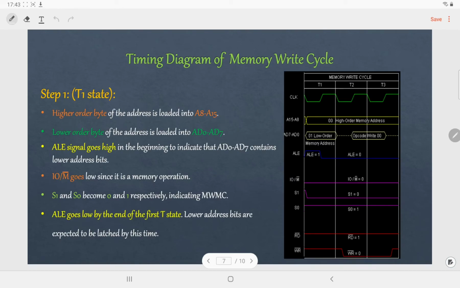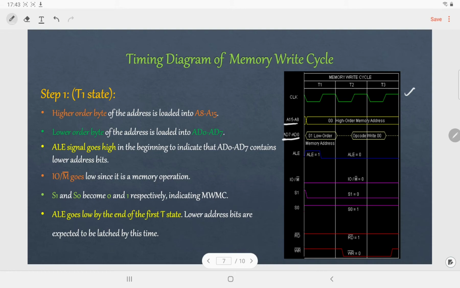As I have told, it requires 3 T states, and in the first T state, the higher order byte of the address will be loaded into A8 to A15, that is your address bus, and the lower order byte of the address will be loaded into AD0 to AD7.